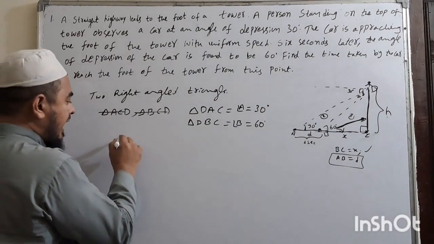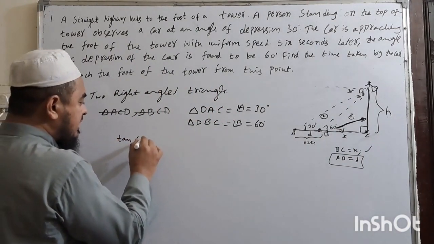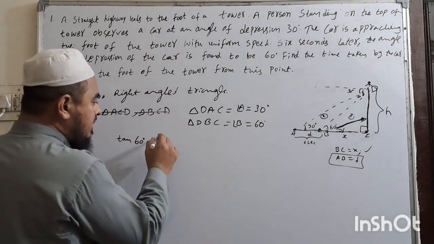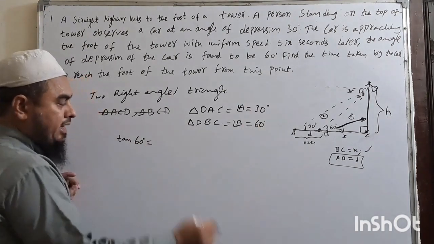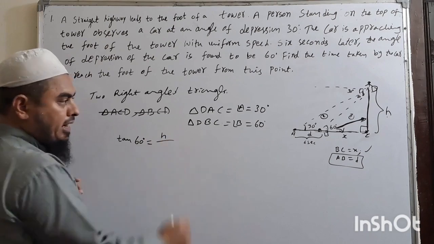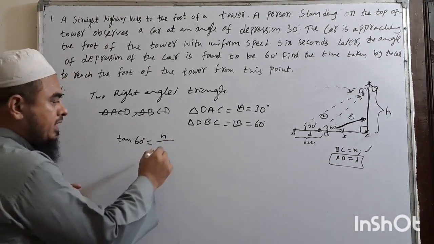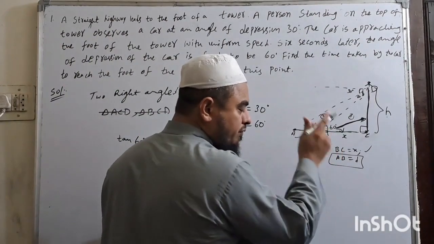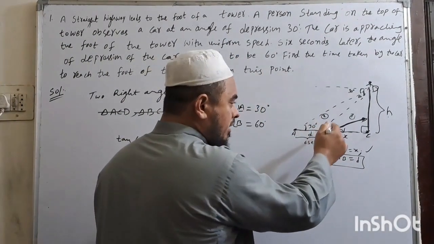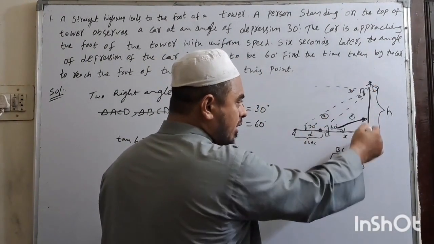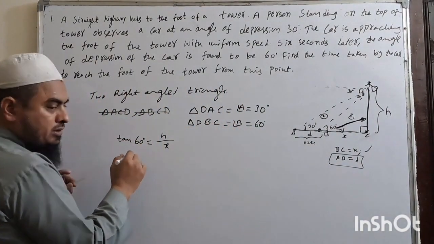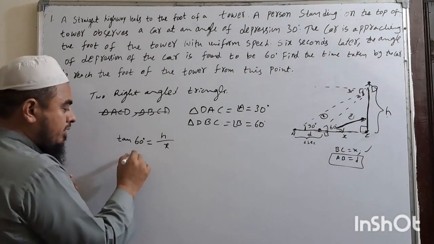So if you take tan of 60 degrees, that is the length of the opposite side, that is h, divided by the length of the adjacent side, that is x. Tan 60, for a specific ratio of the angle 60 degrees, opposite by adjacent, we have h by x, and we know that tan 60 is how much?